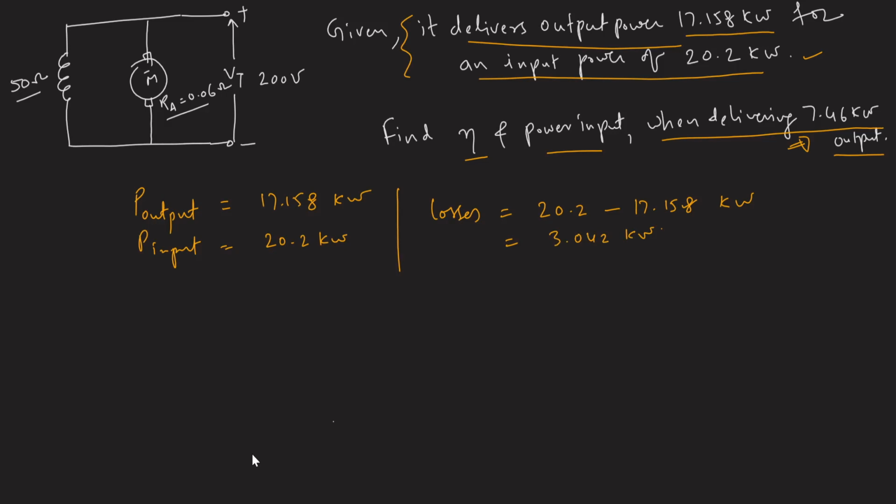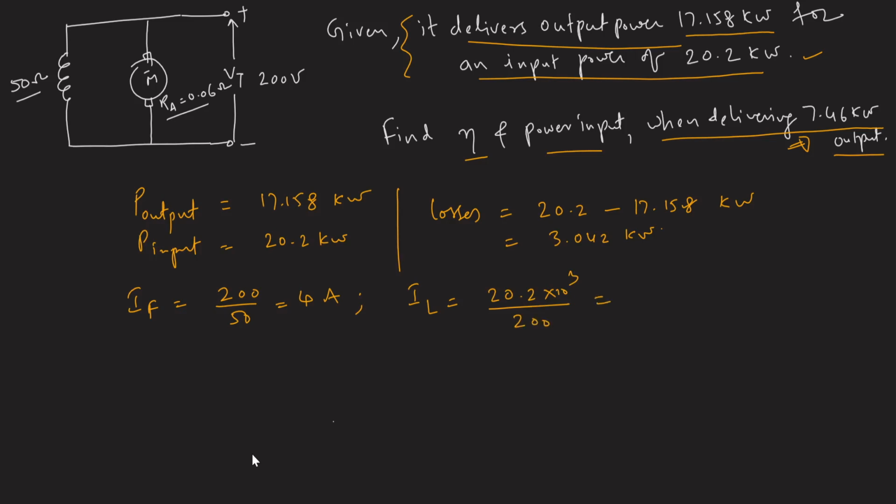Okay, so can we find out the armature copper losses at this moment? So what is the field current? Field current is 200 by 50, so this is coming to 4 amps. Now we know the input power. So what is the load current? 20.2 into 10 to the power of 3 divided by 200.